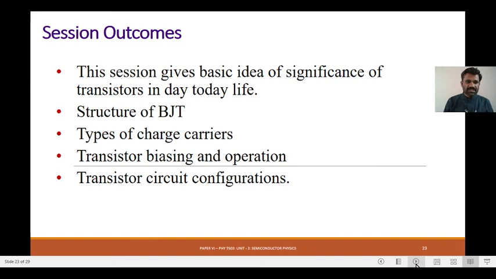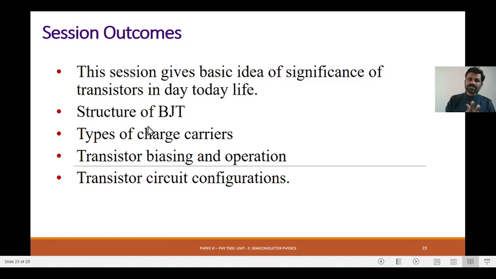Now at the end of this session, the students should be able to understand the significance of a transistor in day-to-day life, and how it is important. One should understand how current flows here. Hence, you should know the structure of a bipolar junction transistor. There will be an emitter, base and collector.